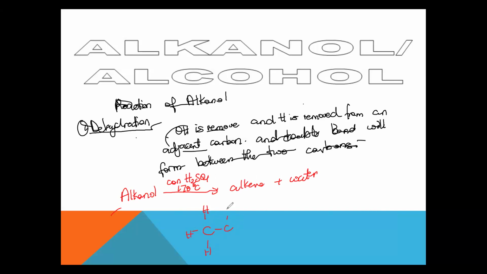So here we have ethanol. It doesn't matter where I put the OH, I'm just putting it here for ease. So let's go. It says that in the dehydration of alcohol, OH is removed from the carbon it is on, and from an adjacent carbon, we're going to take out H. So we're going to remove water from these two carbon atoms, clear? And then it says that the double bond is going to form between the two carbons.